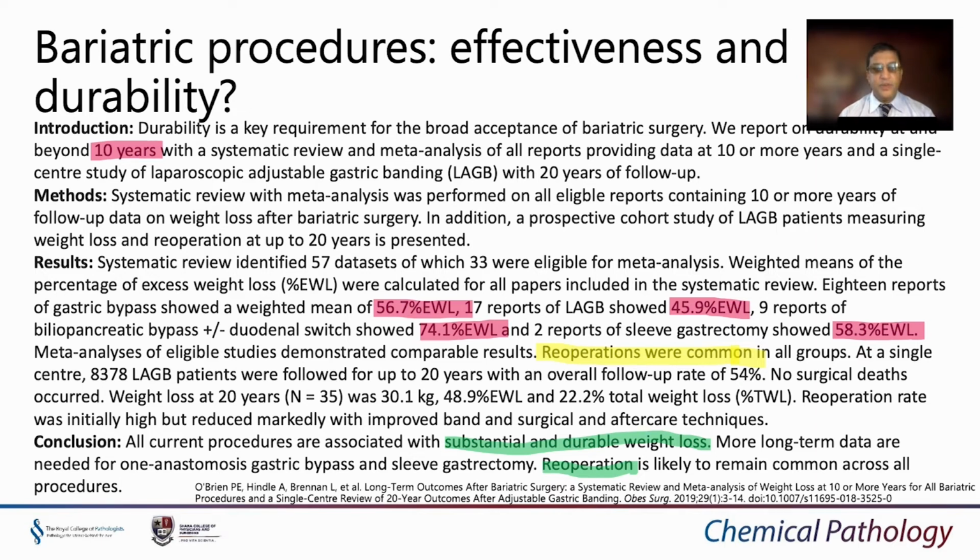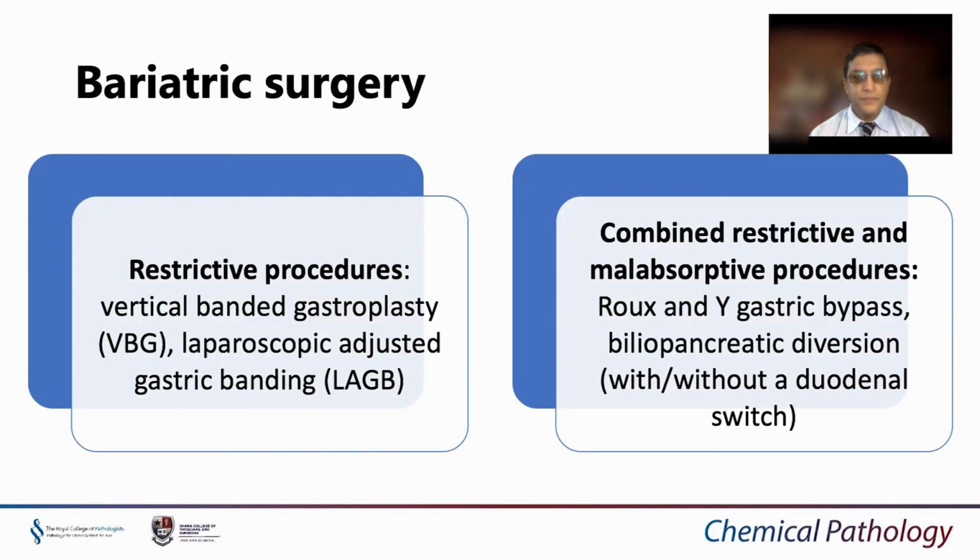These varied between 45 to 74%. So substantial and durable weight loss is certainly evident in bariatric surgical procedures. It's also important to note that reoperations do remain likely in this group of surgical intervention.